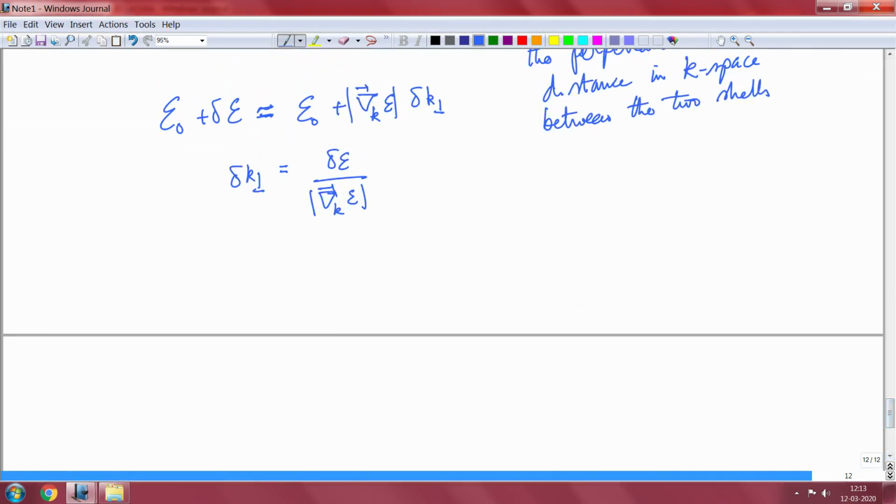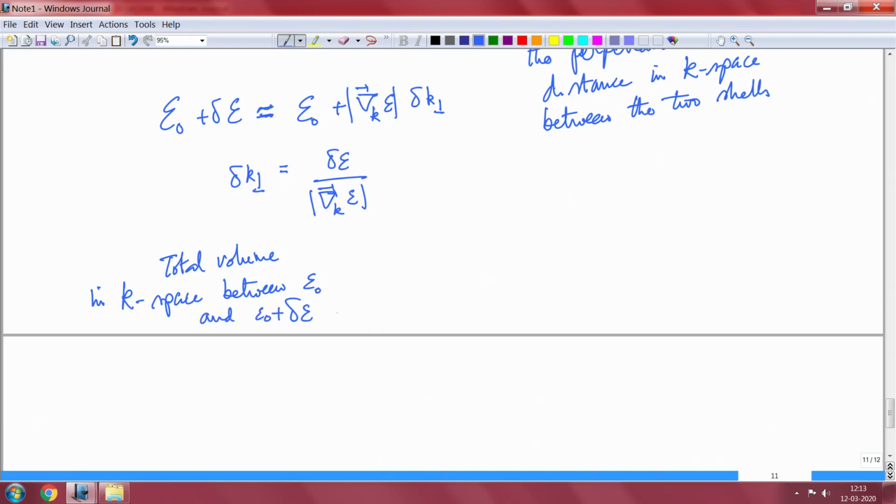So, what you have is this quantity, so that I will have the total volume in k space between E naught and E naught plus delta E surfaces.